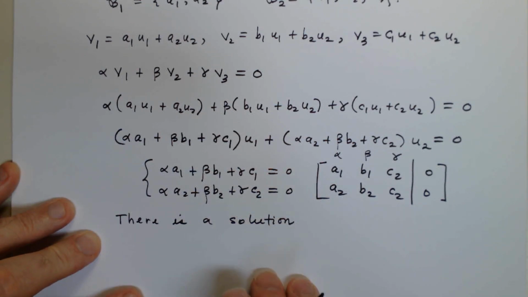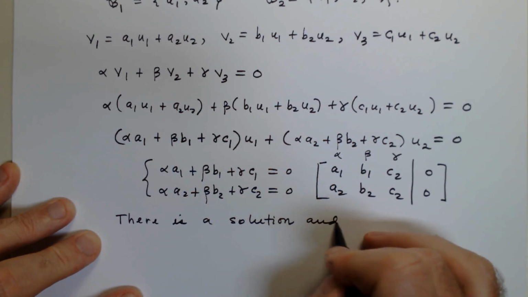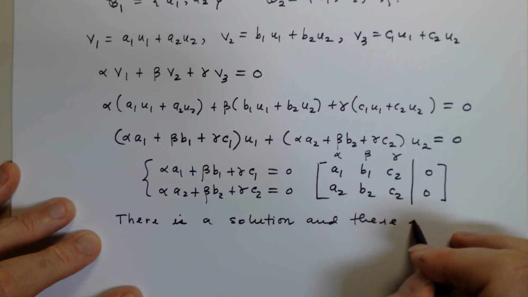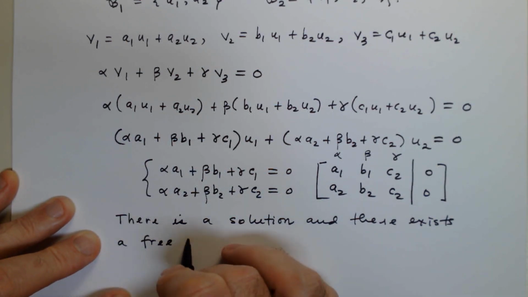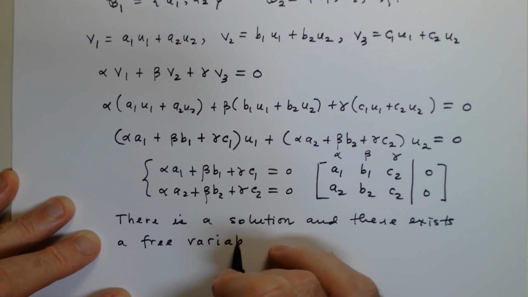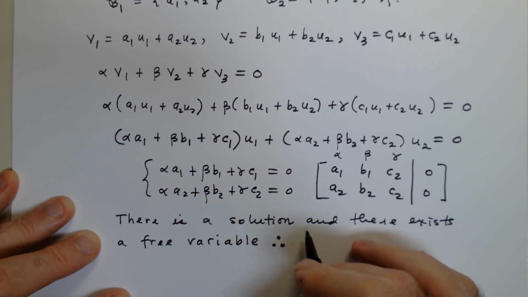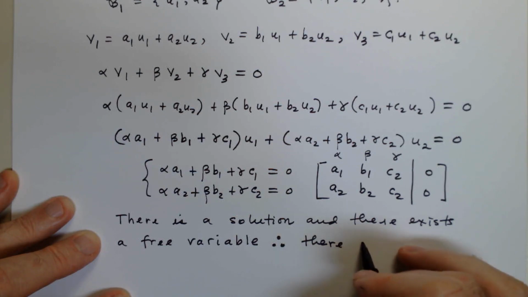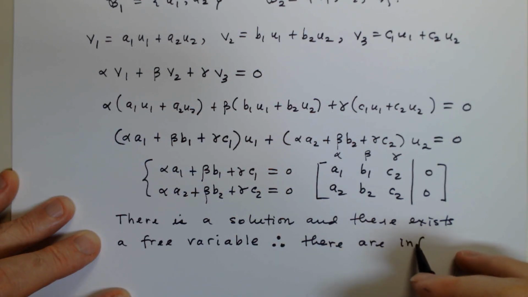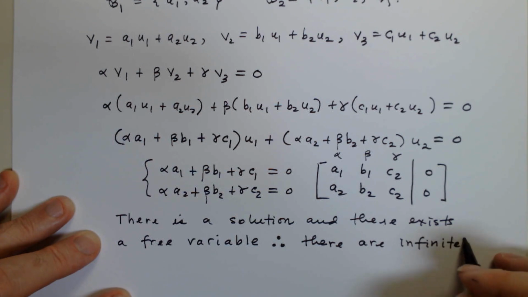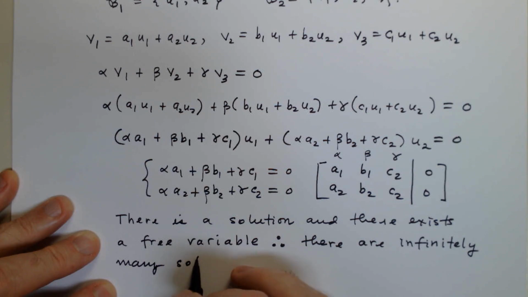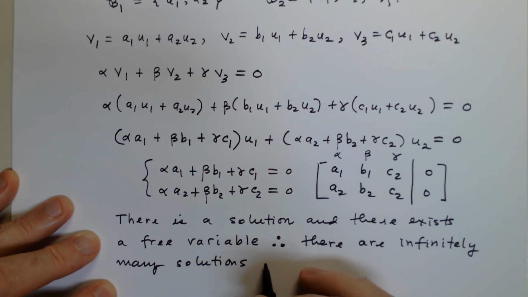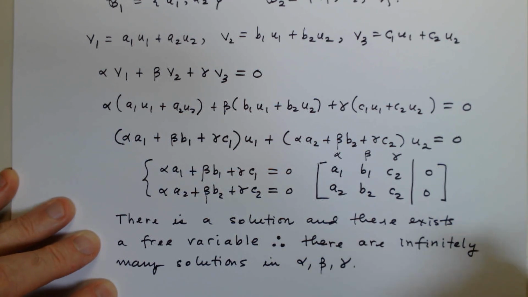That's because the system is homogeneous, and there exists a free variable. Therefore, there are infinitely many solutions in the variables alpha, beta, and gamma.